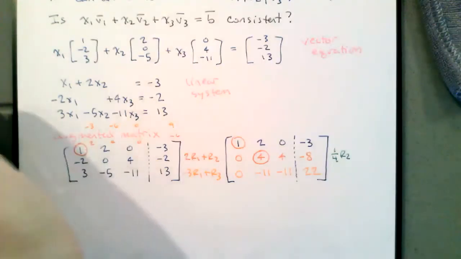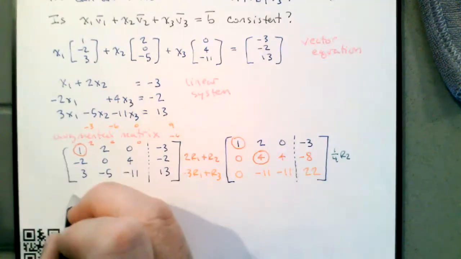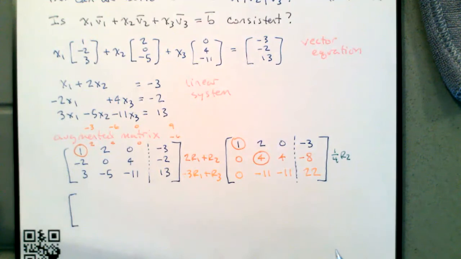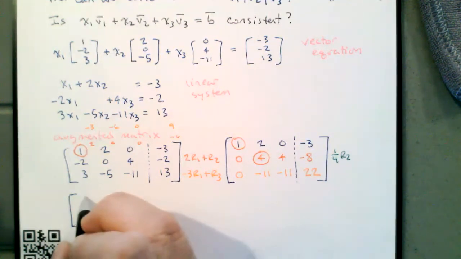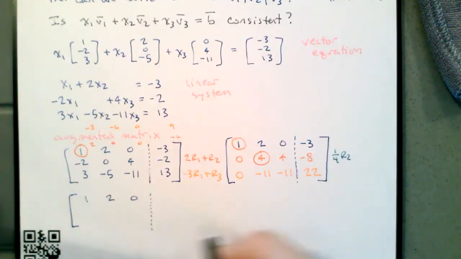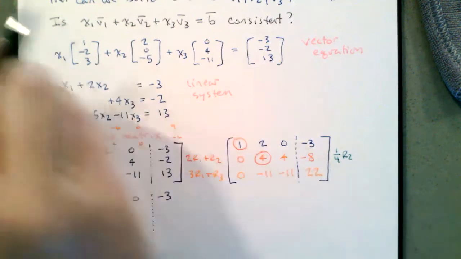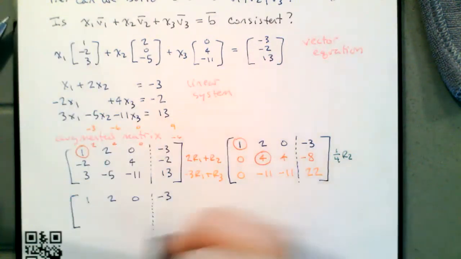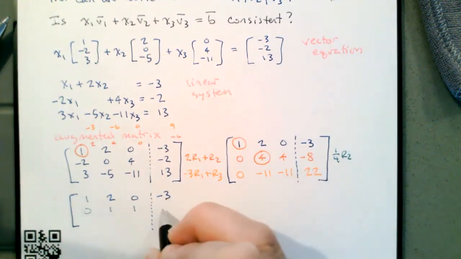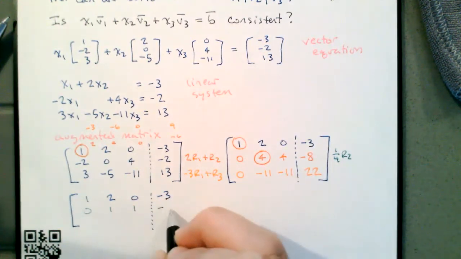Row 1 is not going to change yet. If you're thinking I'm writing too many steps, that's okay. That just means that you see where this is going already. You're already building this skill. So my new row 2 will look like 0, 1, 1, negative 2.